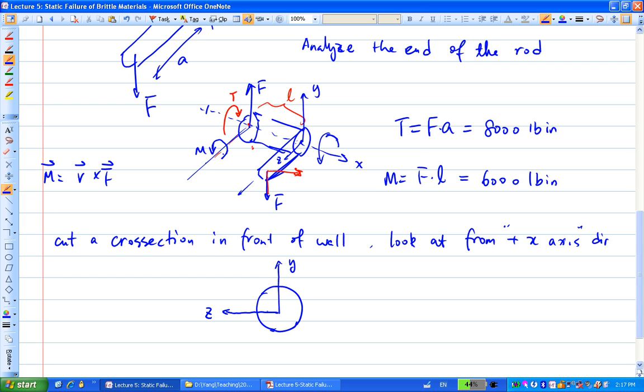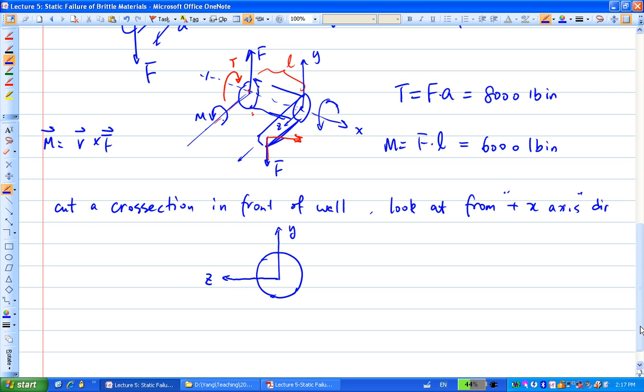That makes sense? So now for this cross section, based on our free body diagram, let's put down the loading condition on this cross section.